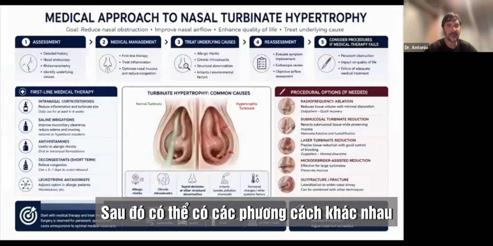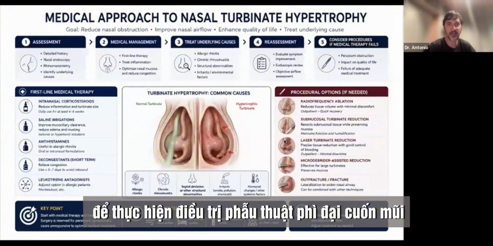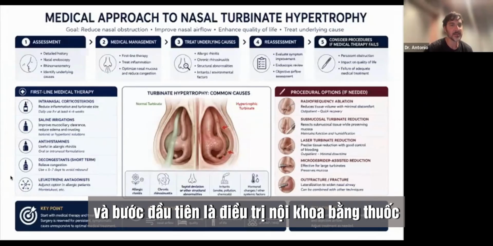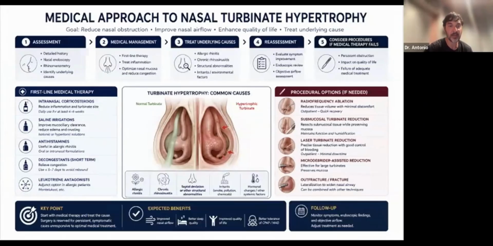There can be different ways of doing surgical treatment of turbinate hypertrophy, and the first line is medical therapy with drugs.